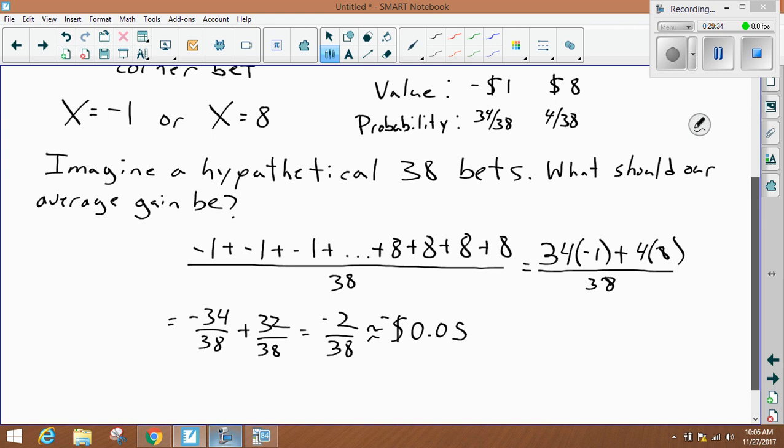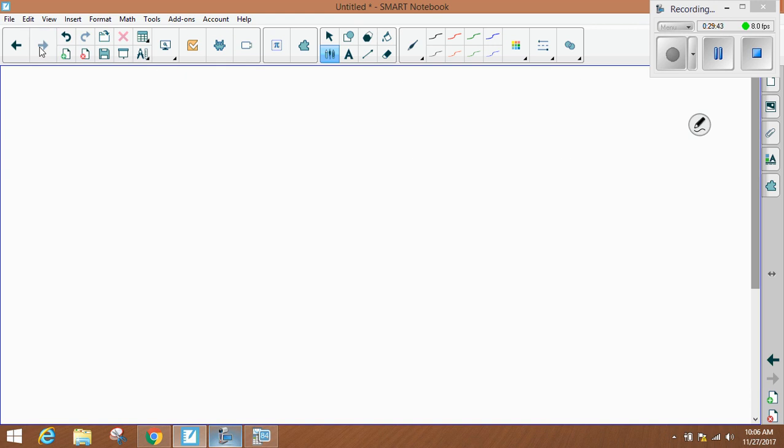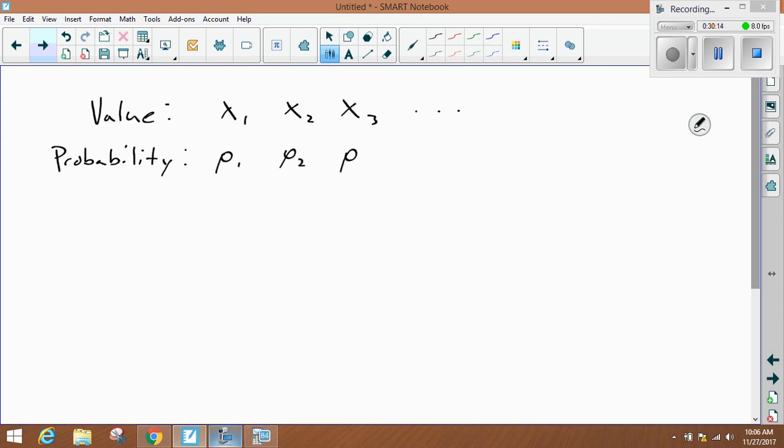All right, so that actually turns out to be a way of deriving our formula, right? Because if I have some discrete random variable with a probability distribution that looks like this, where we have some x1, x2, x3, and that can go on, and then we have some probability p1, p sub 2, p sub 3.